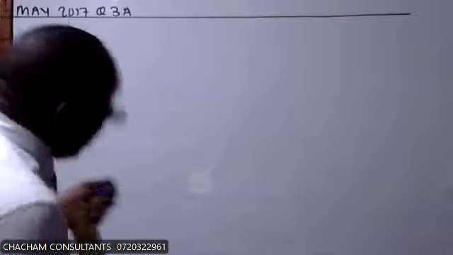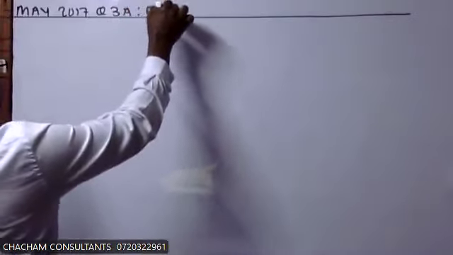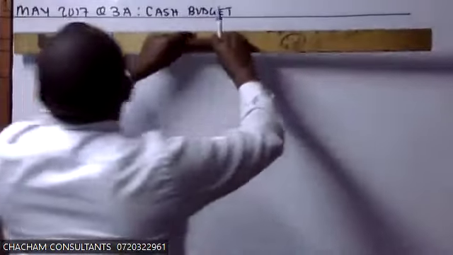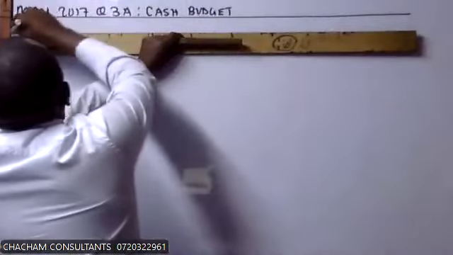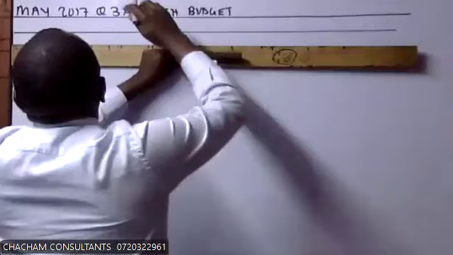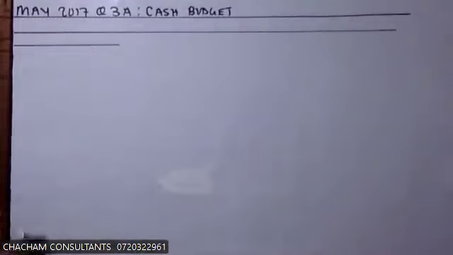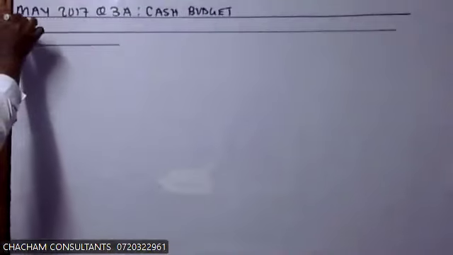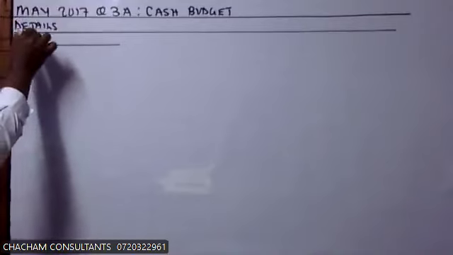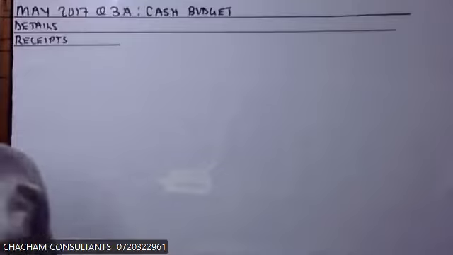So in designing a cash budget, we have details here. Now we begin with receipts. Receipts are what we call the inflows.